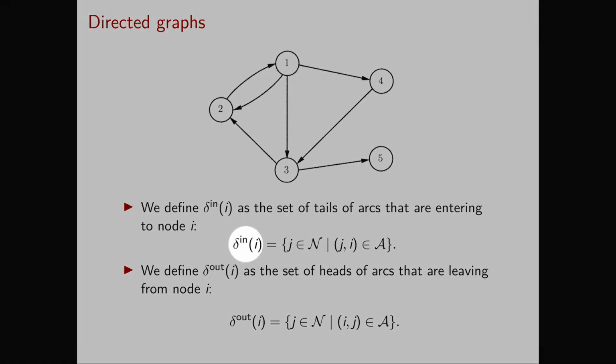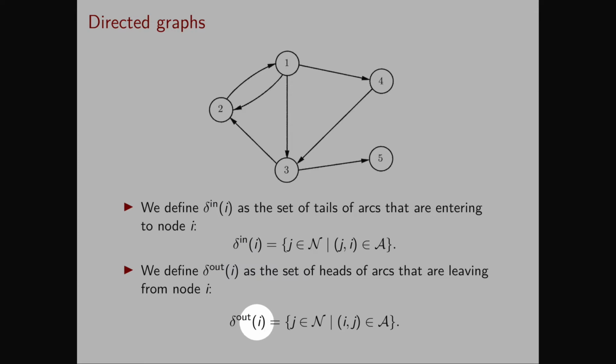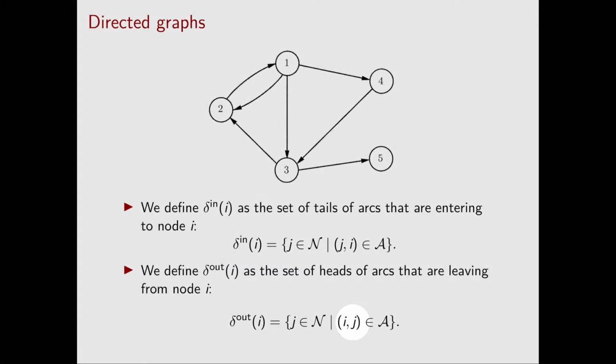So formally, delta in of i is the set of all nodes j such that (j, i) is an arc. Symmetrically, delta out of a node i is the set of heads of arcs that are leaving from node i. Formally, delta out of i is the set of nodes j for which (i, j) is an arc.